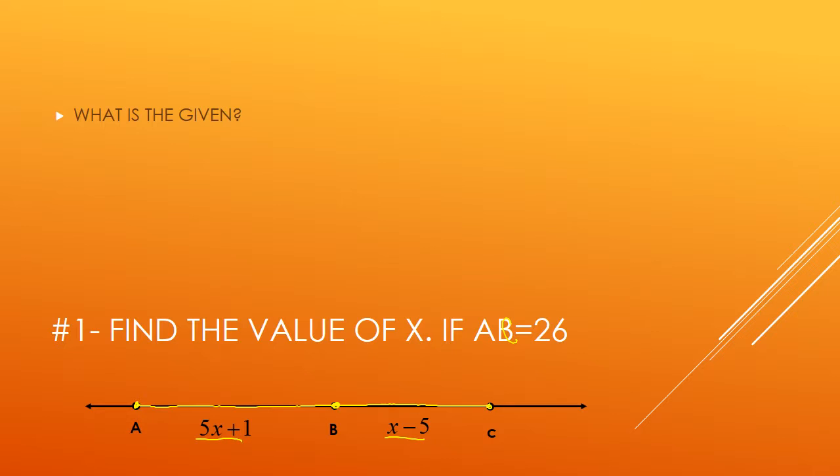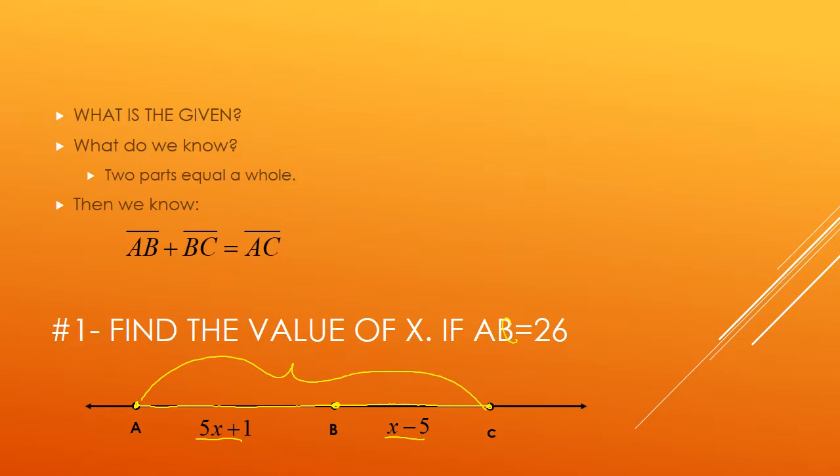What is the given? The given is AB and BC, even though they're given as algebraic expressions. So what do we know? We know that 2 parts equal a whole. So we know that AB plus BC equals the entire thing, AC.